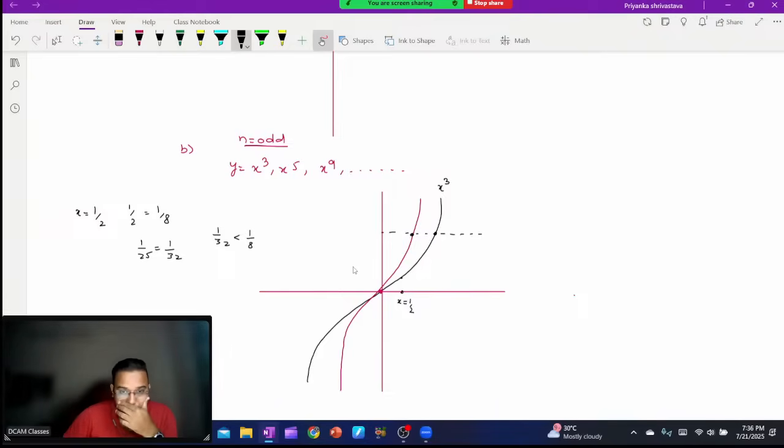Y is 1. Seems the graph will go like this.